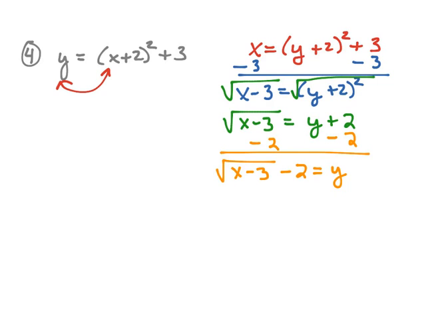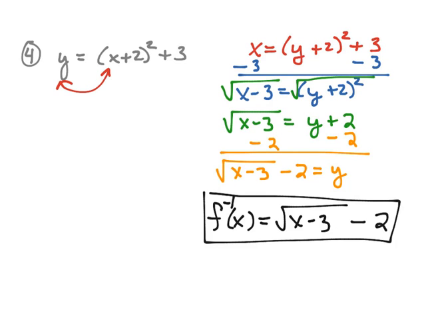But again, I'm going to use the proper notation. And that notation we're using for inverses is this. The equation is the square root of x minus 3, minus 2. Again, that minus 2 is on the outside of our radical. So this is the inverse of this quadratic.